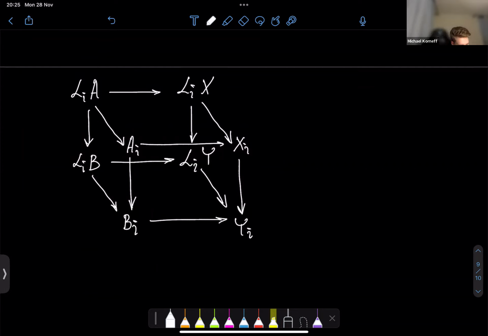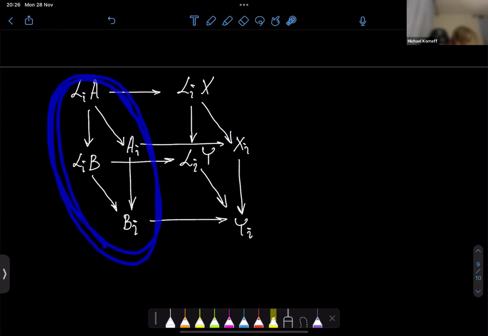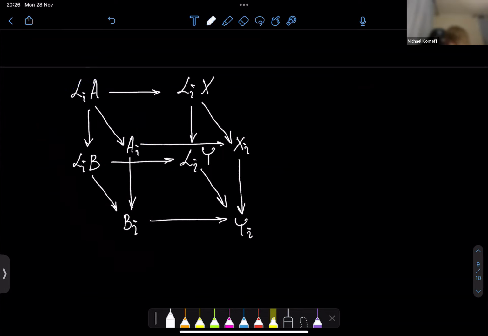It's easy to form this diagram, and we just consider the following facet, and we can form the pushout of this facet, something like this.